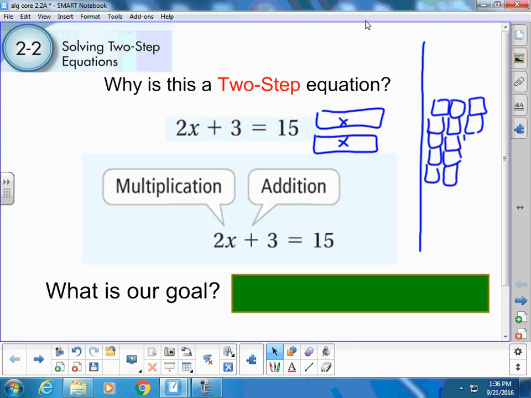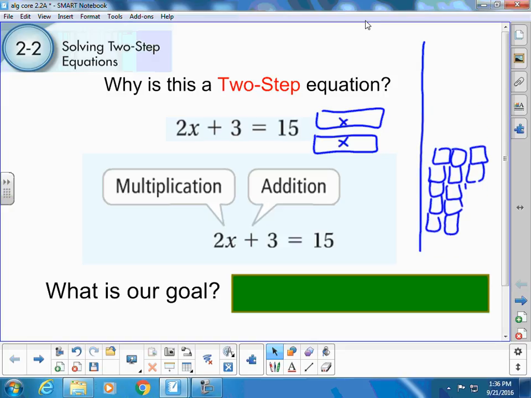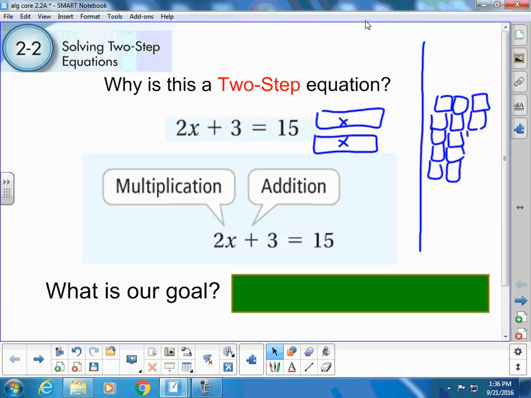And now yesterday we had an equation that looked like this. It would have been 2x equals a number, and we split up the remaining between those two x's. So if I take these, I have 5 in this row, 5 in this row, and 2 in this row. So I have 12 altogether, and I have to split it between those two x's.